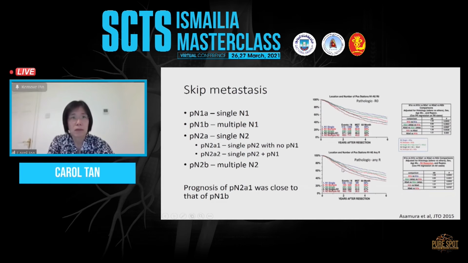If you then look at the skip metastasis, so a single N2 with no hilar lymph node involvement and single N2 with hilar lymph node, there's also a difference in the survival curve. The prognosis for pN2a1 was very close to that of N1b.